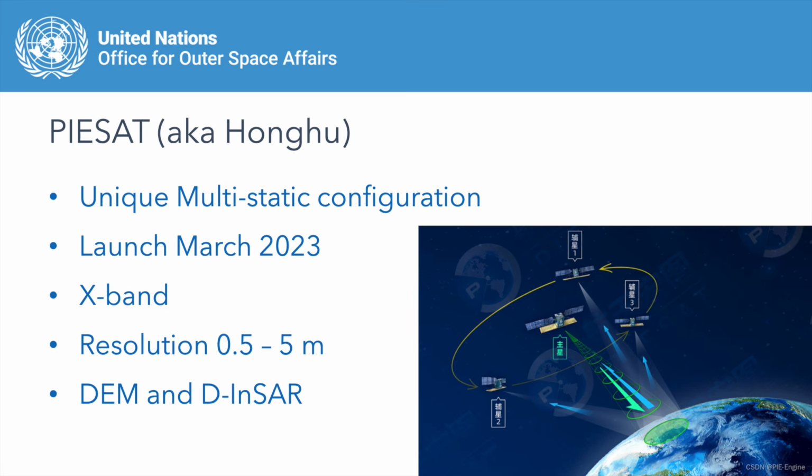So this is a very, very interesting and kind of unique constellation. It was launched in 2023. It's also an X-band system with resolutions from 0.5 meters in spotlight mode up to 5 meters, and it's very interesting, especially for DEM generation in complex terrain due to the multi-static configuration that we can achieve here.